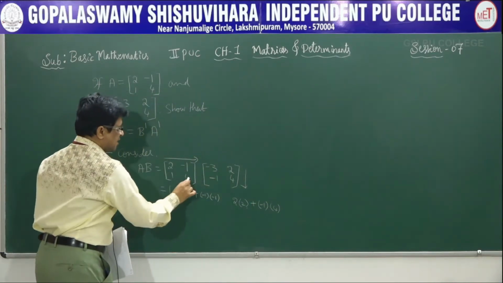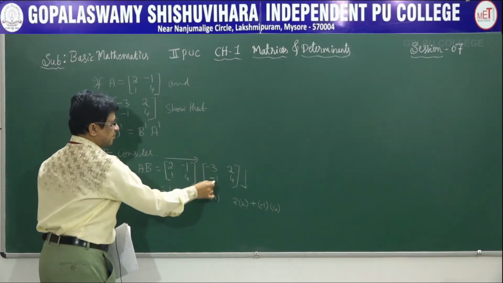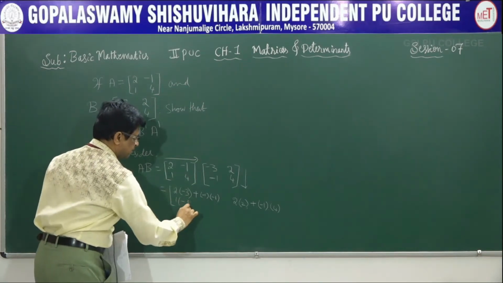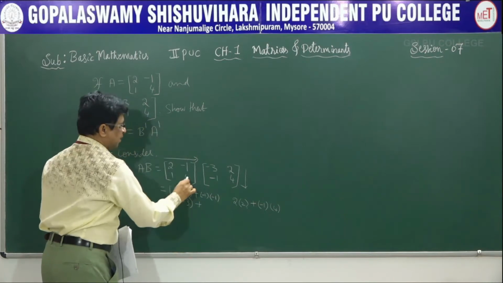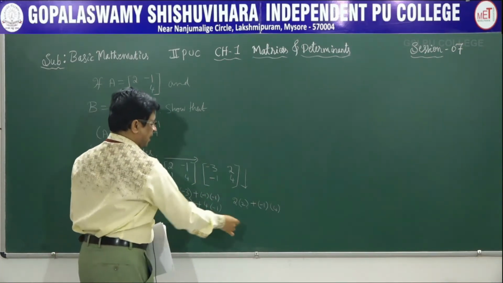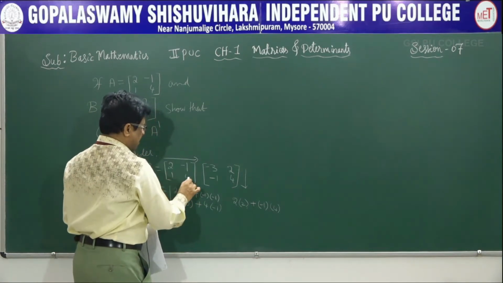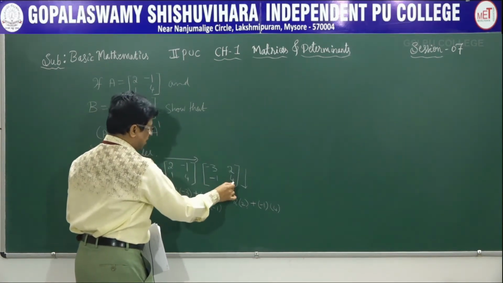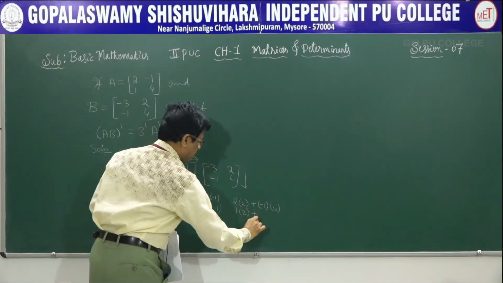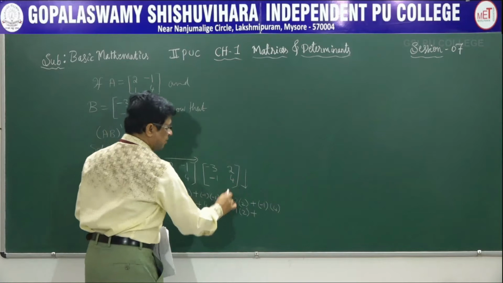Next row, second row, first column. So, 1 into minus 3 plus 4 into minus 1. Next element will be second row into second column. So, 1 into 2 plus 4 into 4.